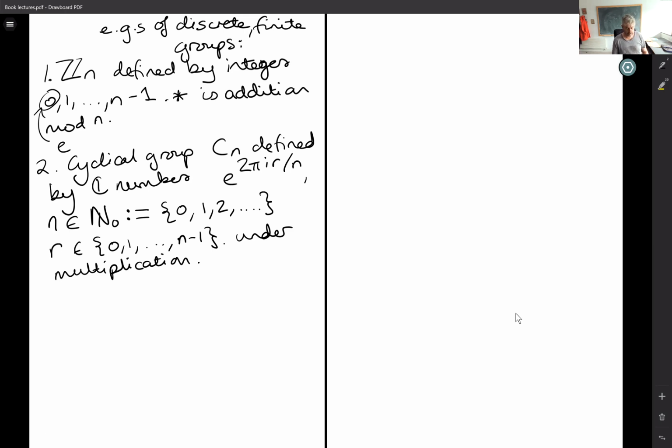So actually, these two groups are examples of groups where it doesn't matter which order you do the composition in. Some groups it does matter and some that it doesn't. If it doesn't matter, they're called abelian groups.